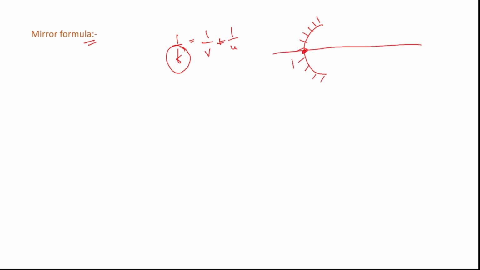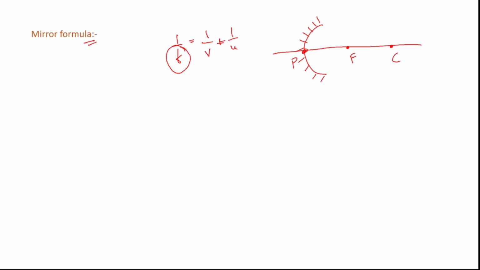Okay. Next, the mirror formula. So what is the mirror formula? The mirror formula is 1 by f equal to 1 by v plus 1 by u. So what is f here? f is the focal length. So what is focal length? Consider this is a concave mirror, right? Here the midpoint of this concave mirror is the pole, here we have the focus, and here we have the center of curvature, right?